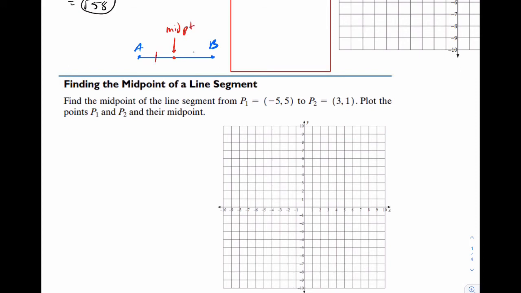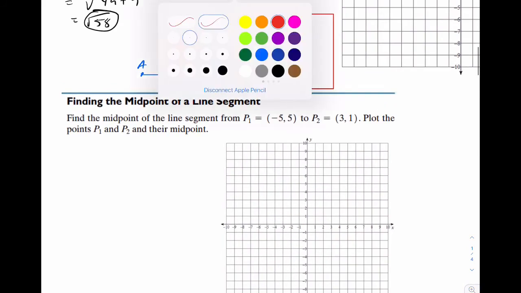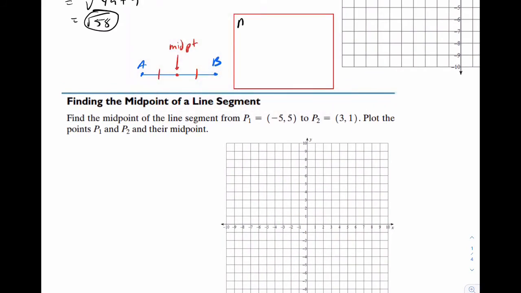And it cuts it in half perfectly. So that's the basic idea. To do this, we have a very nice formula. And I'll show you how it works right now. The midpoint formula is simply (x1 plus x2) over 2, (y1 plus y2) over 2.